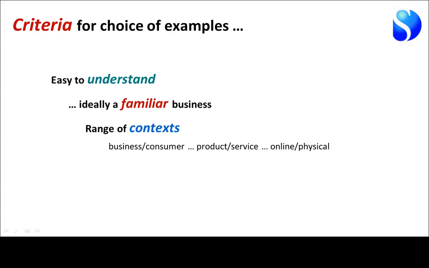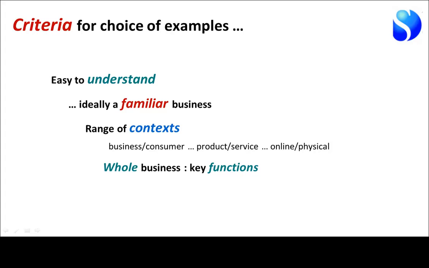It's useful in the consumer markets. We need to show that it's just as relevant whether you're selling products or whether you're selling services. You need to show that it's relevant if we're in the online world or if we're in the physical world. So for the examples I've chosen for the course, I've tried to cover that range of contexts too.